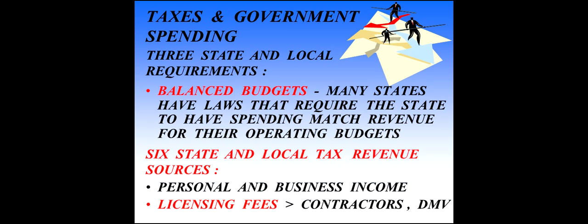They also quite frequently have licensing fees or licensing taxes that they collect revenue from. For example, a contractor's license fee that they charge, but also your division of motor vehicles for car registrations, people's automotive license, and the like fall into that category as a source of revenue.